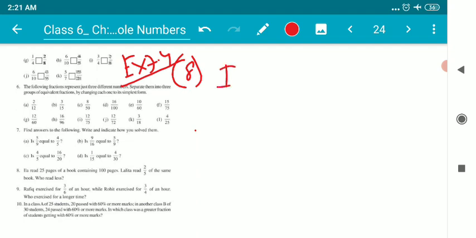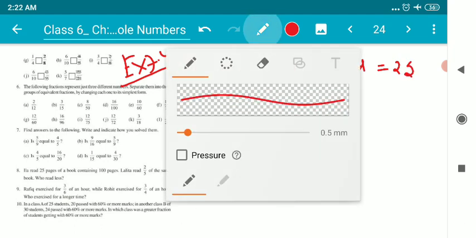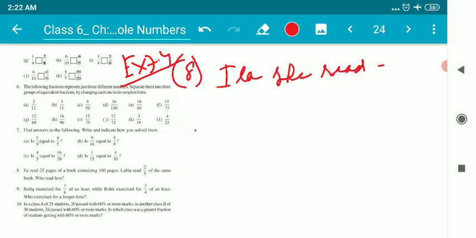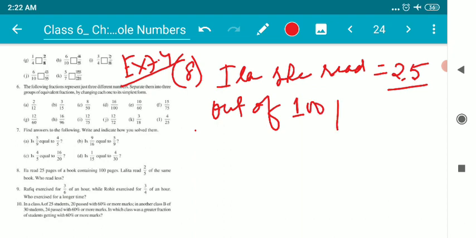Ila read the number of pages, 25 out of 100 pages.